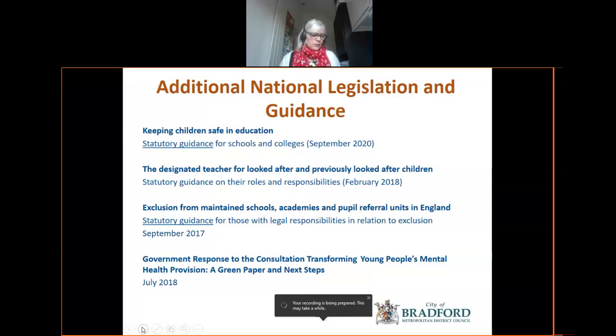Moving on. Exclusion from maintained schools, academies and pupil referral units is another important document. It is made explicit in the exclusion guidance that excluding pupils must be lawful, reasonable and fair.